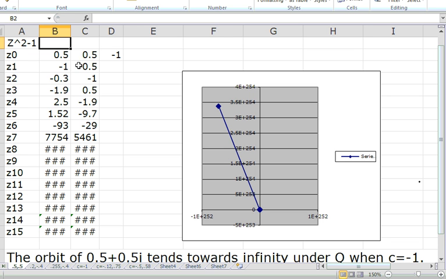I choose to use 0.5, 0.5. So that's my z value, which has a real part and an imaginary part. Here's my C value. I just need to test it.